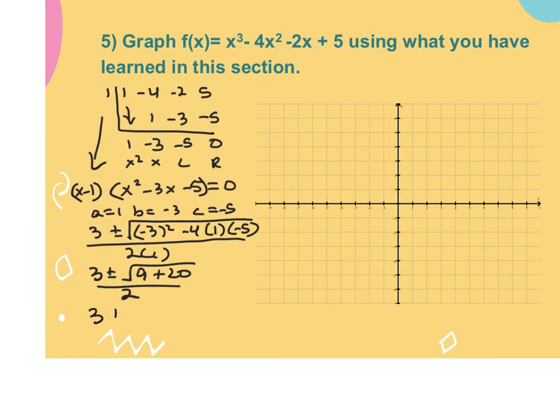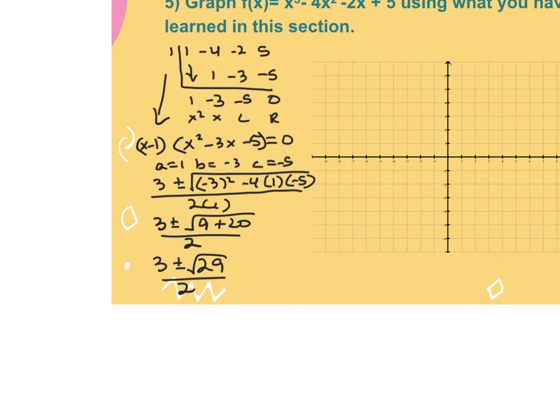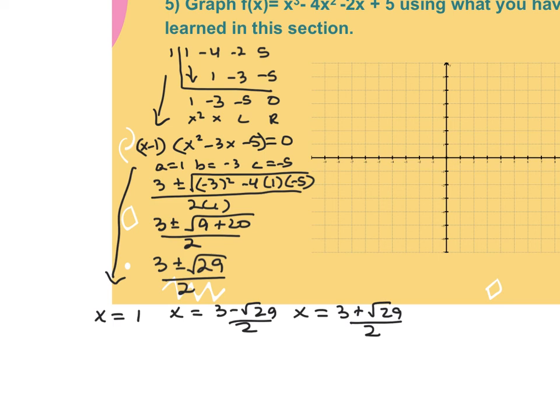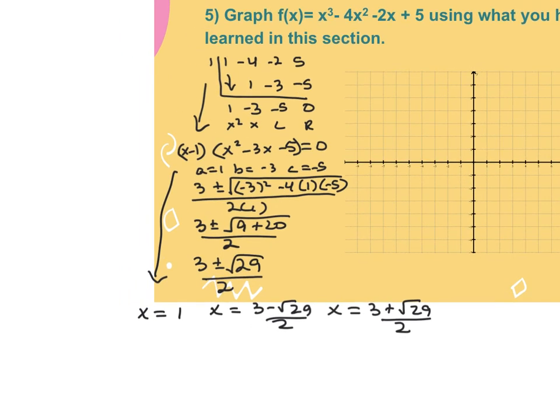Add that, I get 29 over 2. So my 3 zeros are at x equals 1 from here, and then x equals 3 minus root 29 over 2, and x equals 3 plus root 29 over 2.